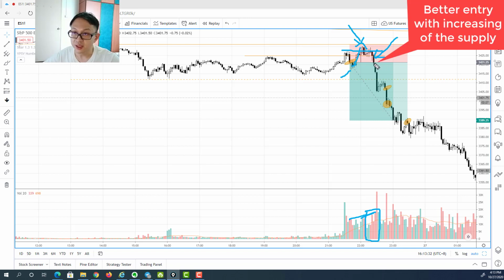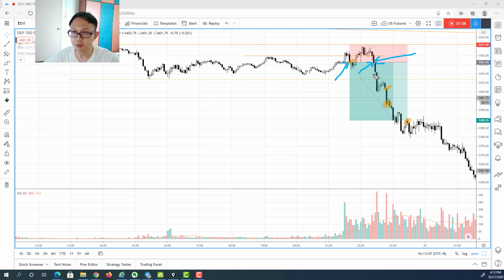So right after the close of this bar, that could qualify as a good entry. You can see that the entry is pretty much the same as this bearish bar here right after the close, but this is a lot clearer, and it is also considered a good entry by considering the increasing of the supply level.